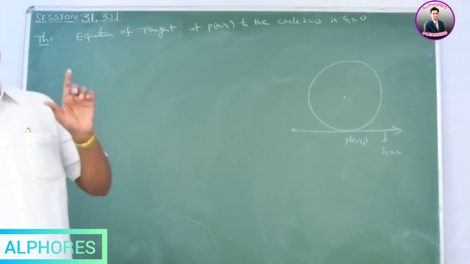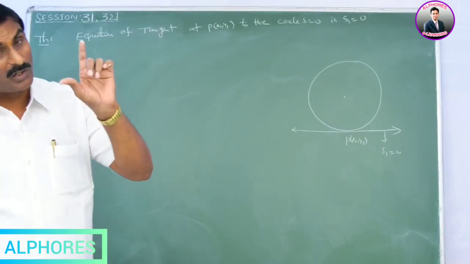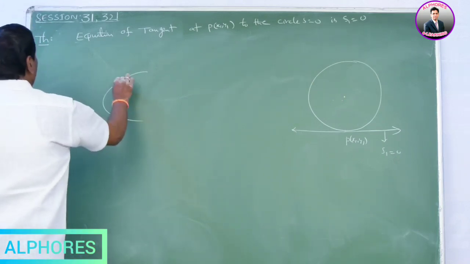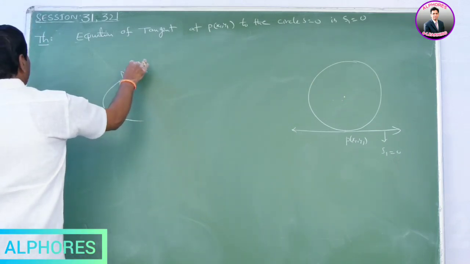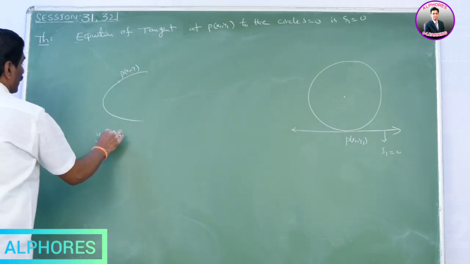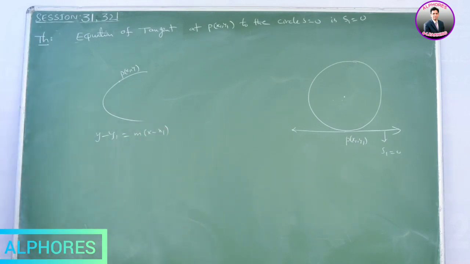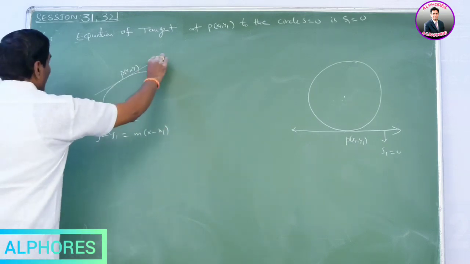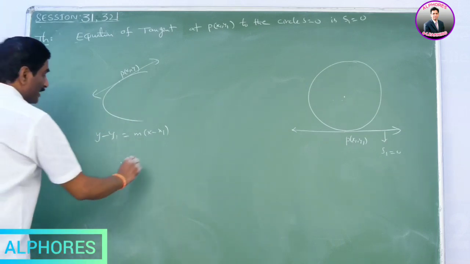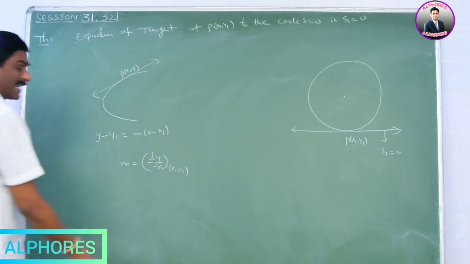In first year tangents and normals, we already know the equation of the tangent at a particular point. If P(x1, y1) is any point on the curve, then what is the equation of the tangent at P(x1, y1) to that curve? Y minus y1 is equal to m into x minus x1, where m is the slope of the tangent, m is equal to dy by dx at (x1, y1).